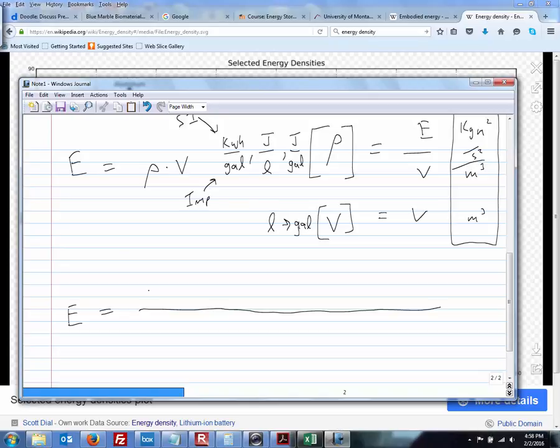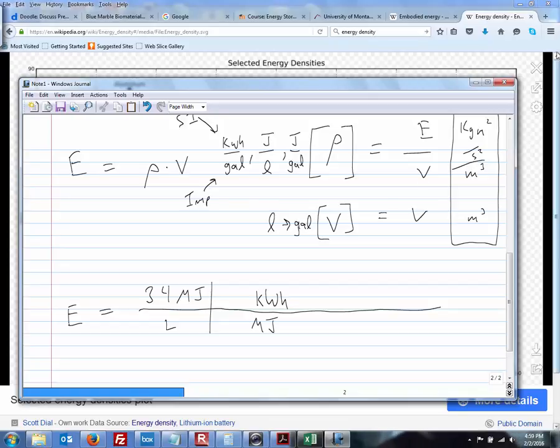So again, 34 megajoules per liter is what I'm going to start with. And now I know I need to get from megajoules to kilowatt hours. And by the end of the semester, you guys will be doing this in your sleep, I promise you. But what I need to do is put megajoules in the denominator, and I need kilowatt hours in the numerator.